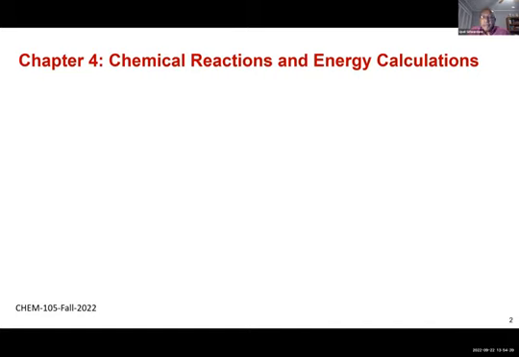So these ideas we developed in chapters 1, 2, 3 are expanded further in chapter 4 to discuss chemical reactions, a little more detail about how chemical reactions take place, how we represent them, and how we calculate energies from chemical reactions.